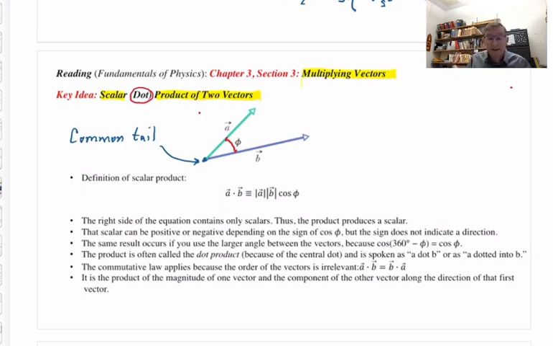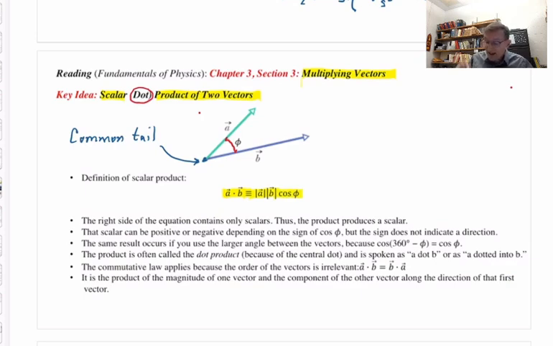Ready? I'm just going to tell you the definition of the scalar product of two vectors, A and B. Note the notation: A arrow dot B arrow. That's how the scalar product is denoted. And because of that dot between them, that's why it's often called dot product. It's defined to be, take the magnitude of the first vector, A, times the magnitude of the second one, B, times the cosine of that angle phi between them.